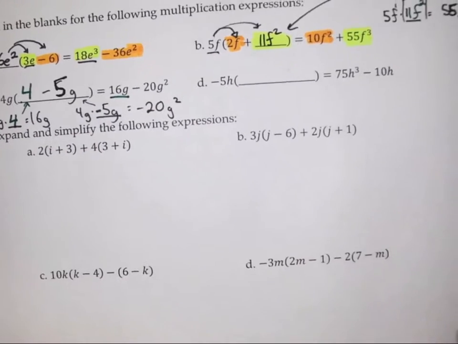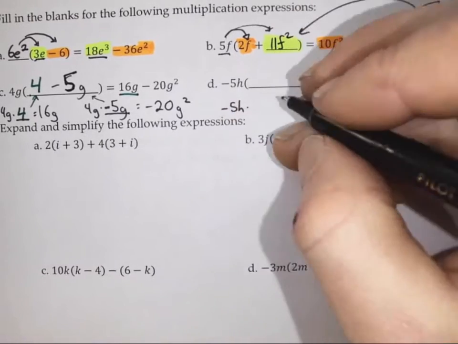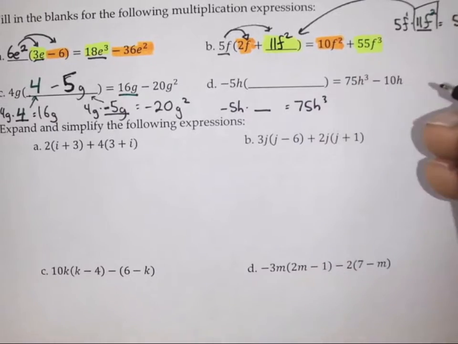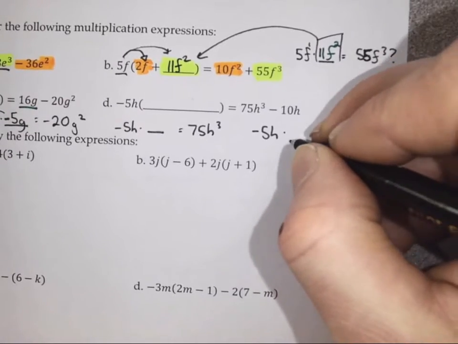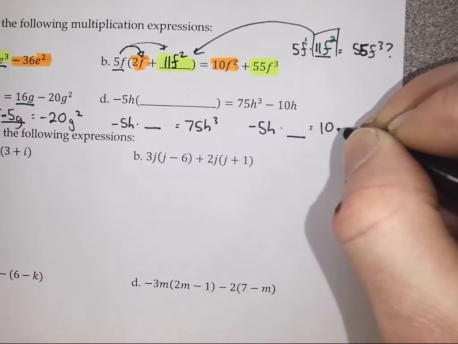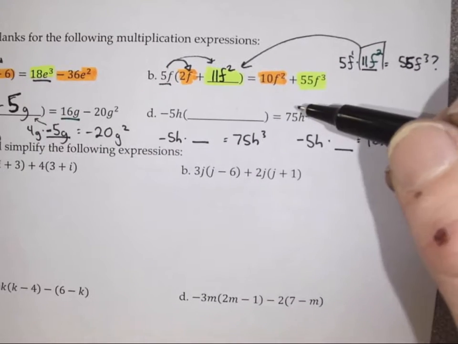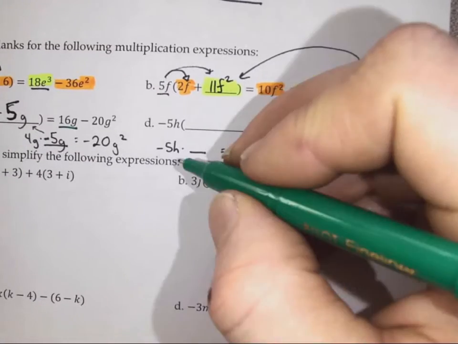And we're going to use the same logic here. Negative 5h times blank gives us 75h cubed. And negative 5h times blank gives us 10h. Okay, that's what this says here. All right, so we're just focused on the coefficients first.